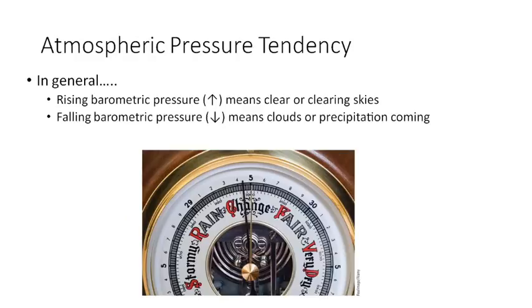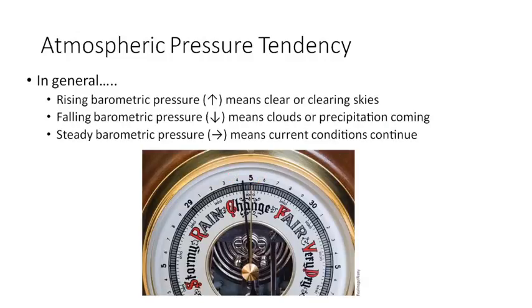If you come back later and it's like it is now, where we have falling pressures, can you see where this is where it was set and we have pressures that have fallen since then, you can expect that we'll have clouds or precipitation coming. And if you come back and there's no change, they totally line up, so your black is under your gold, then whatever conditions you have will continue.